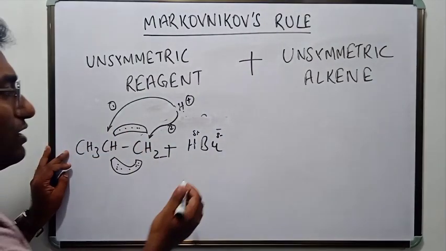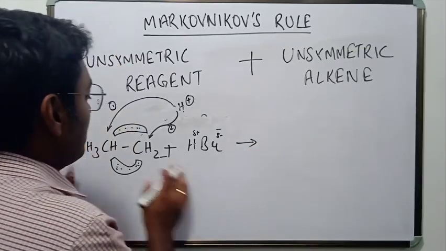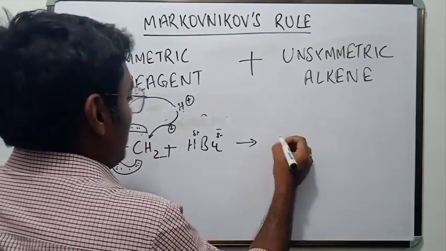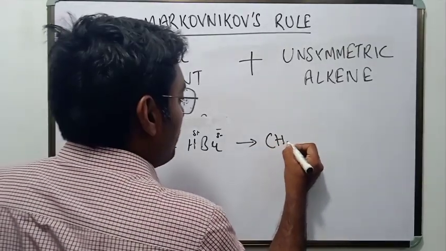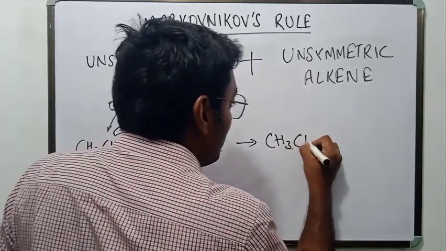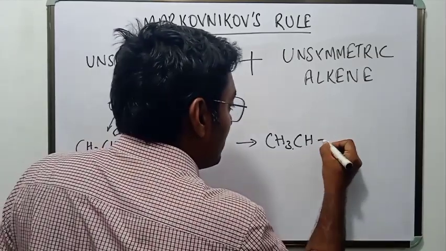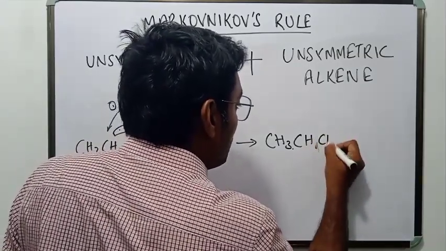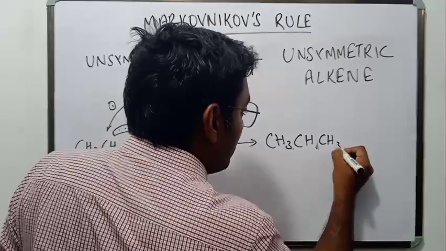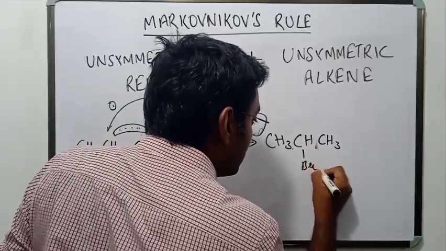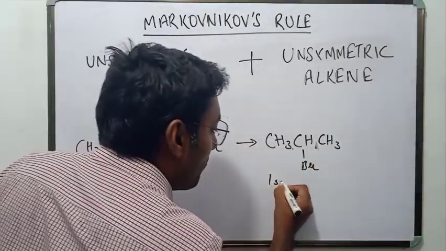So accordingly, what he stated is that the major product that will be formed, this is an addition reaction, everything gets added. The major product that is formed will be this. What is this? Isopropyl bromide.